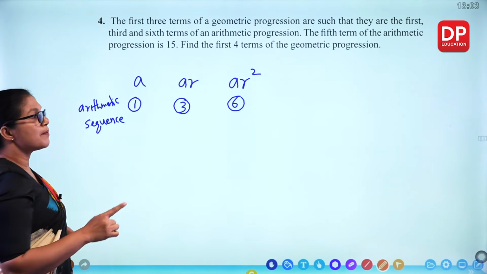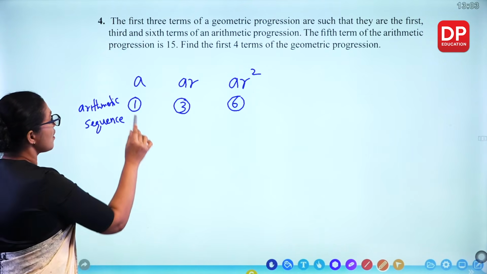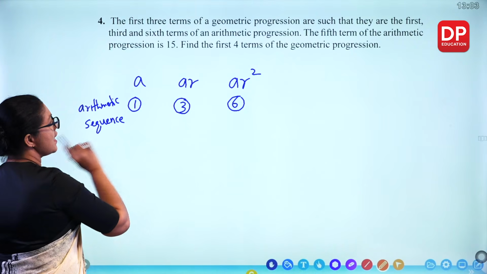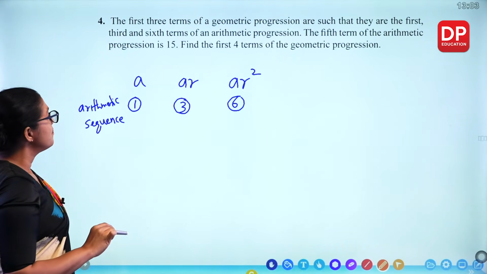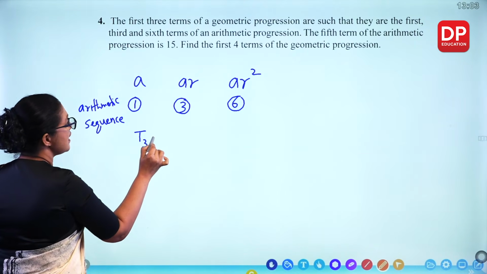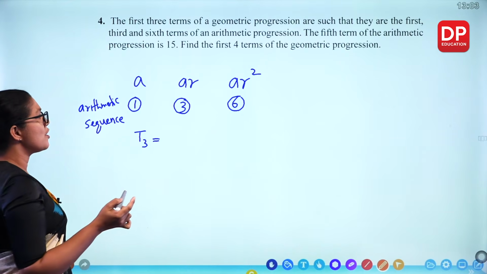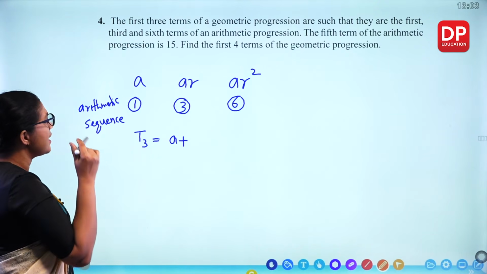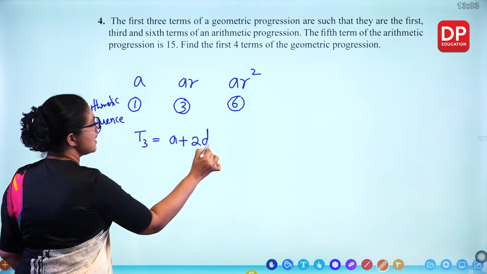The fifth term of the arithmetic progression is 15. So for the fifth term, how can we write it down? I can write the first term is A. How can I write the third term in the arithmetic sequence? T3 is, use the arithmetic formula, A plus (n minus 1)d. If this is 3, that's 2d.